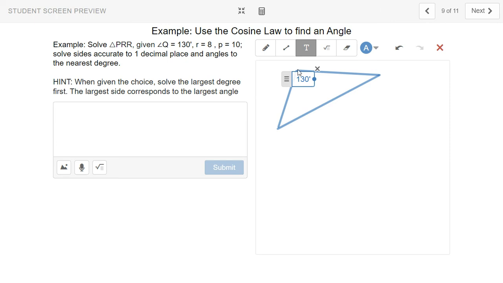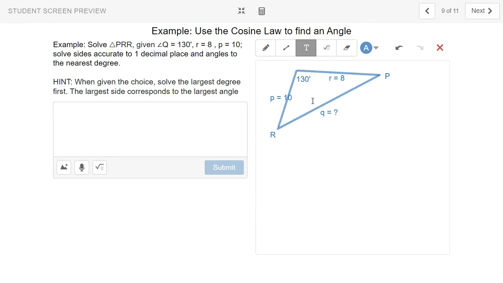So I have a triangle with angle 130 degrees, and oops, this is Q. Side Q is unknown. Angle R, and we have side R is equal to 8. And P is there, and side P is 10.